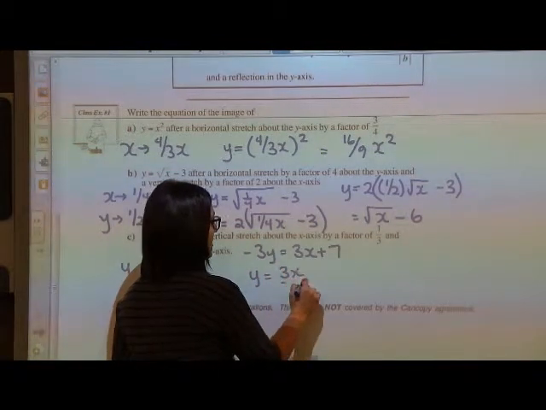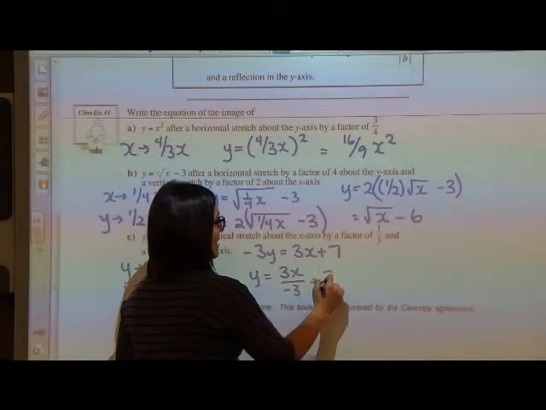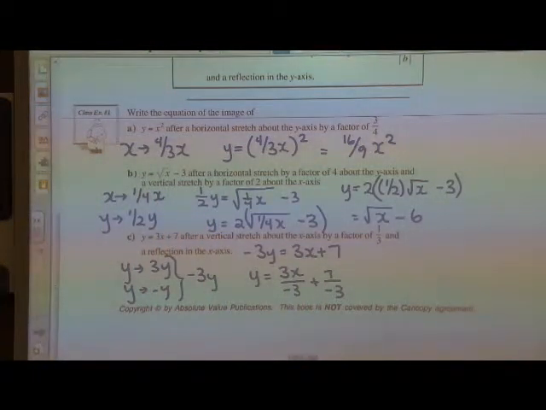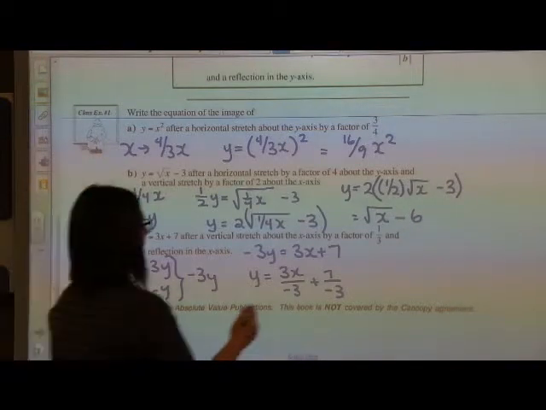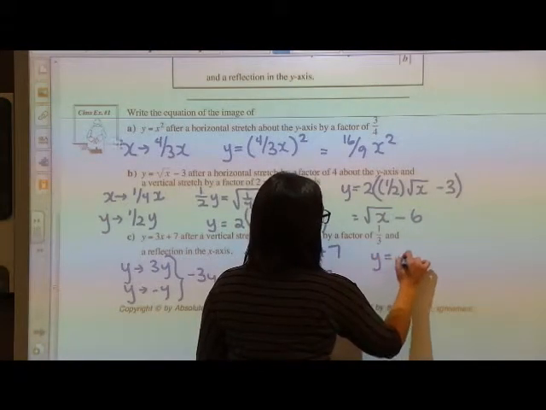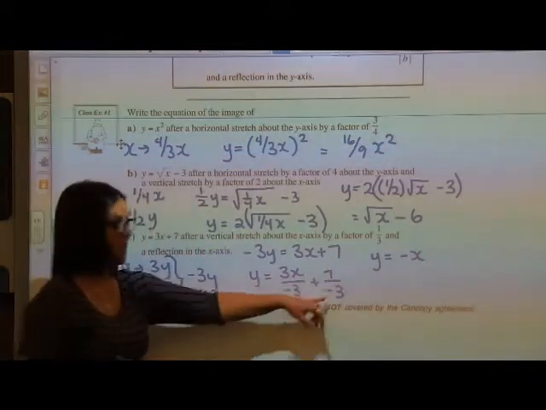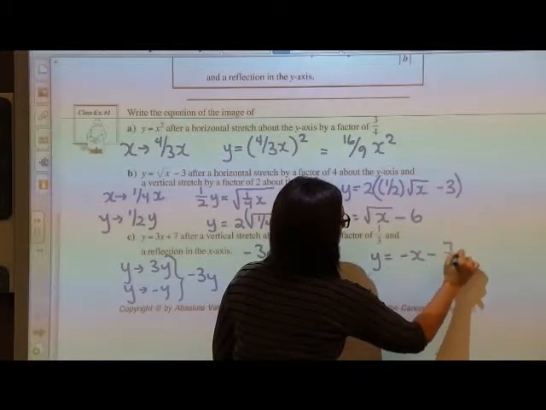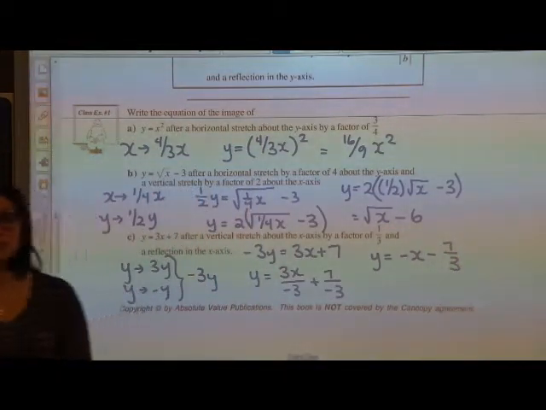So I get 3x divided by negative 3 and 7 divided by negative 3. So 3 divided by negative 3 is negative 1, so I get negative 1x or just negative x. And then my 7 divided by negative 3 would become negative 7/3.